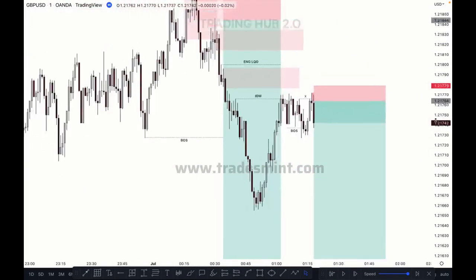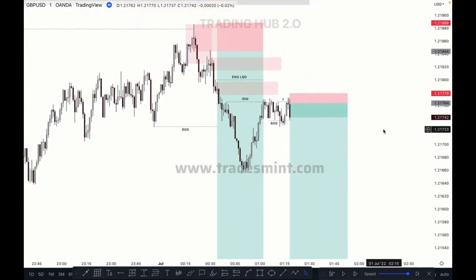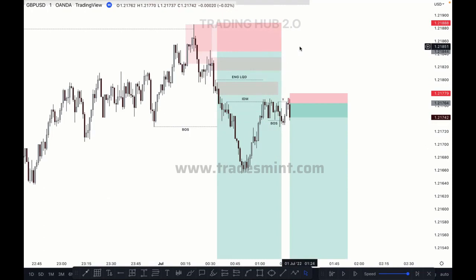Let's see, and when we can move our stop loss to break even and take partial profit. Measure take profit is measured from the higher time frame, which is M15, measure low. Correct. And when we can move our stop loss to break even, this is our order block.